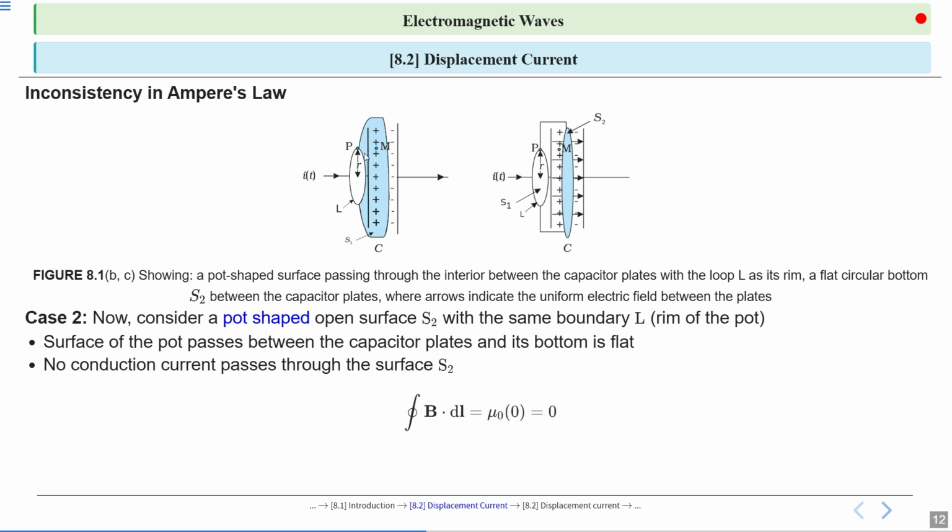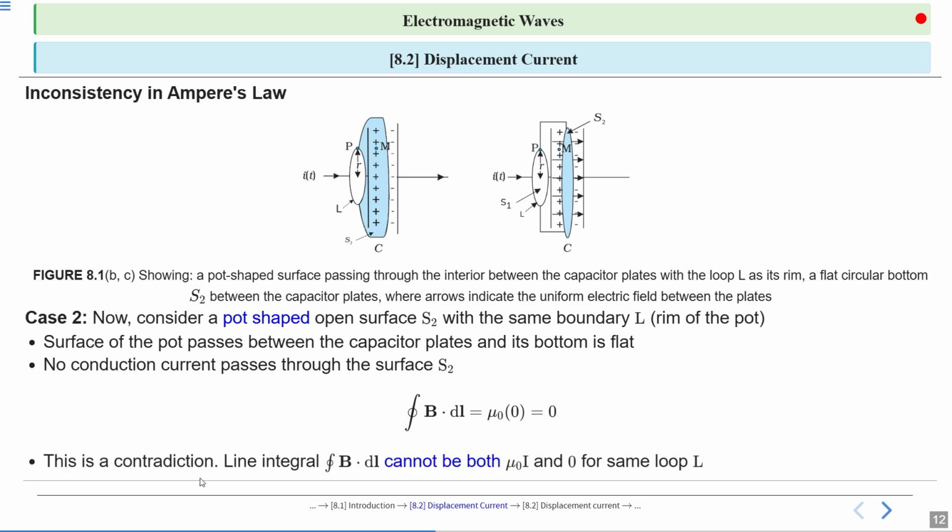That means if there is no current passing through the surface enclosed by this opening, the closed integral B dot dl will be equal to mu naught I enclosed by this loop, and the current passing through the area enclosed by that loop is 0. So the closed integral B dot dl for this surface S2 will be equal to 0. This is a contradiction.